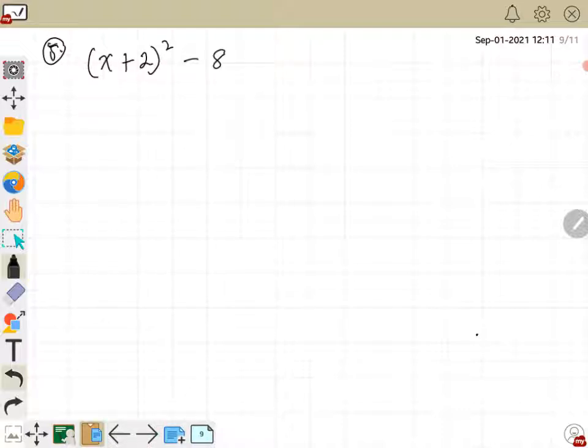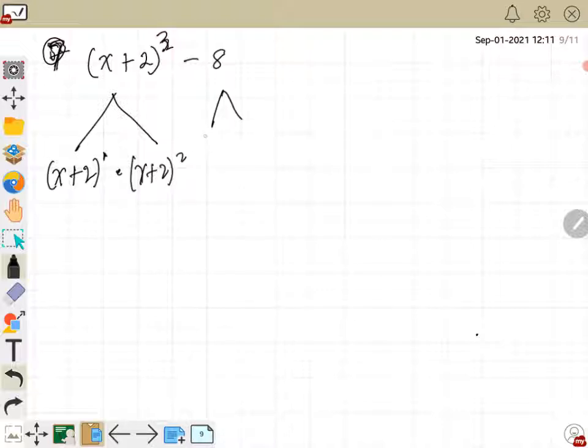So this becomes number 7. In this case, x plus 2 cubed minus 8. So we simply say that this one is a cube, x plus 2 times x plus 2 squared. So there's one exponent here, then 2, that's cube. Then 8, as I've said a while ago, we have 2 and 4.